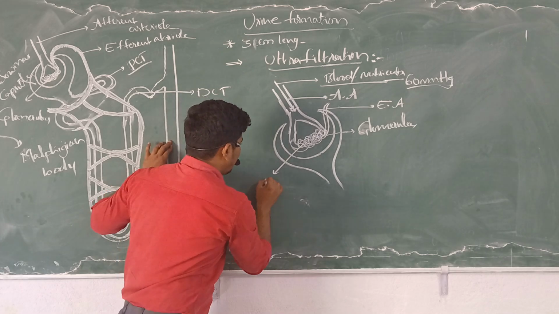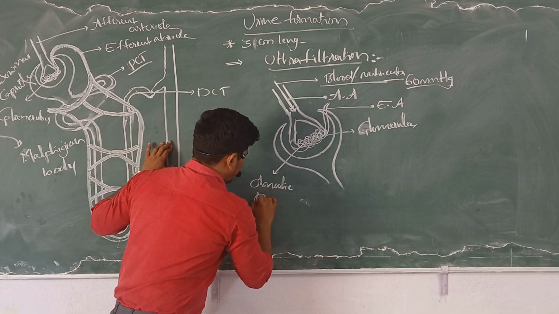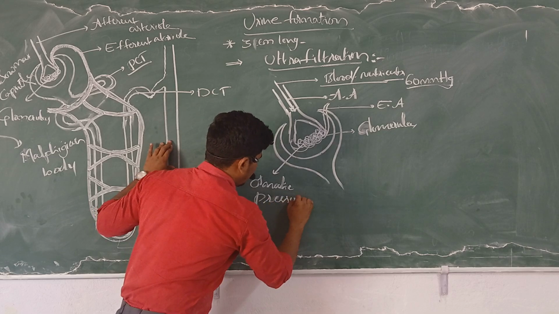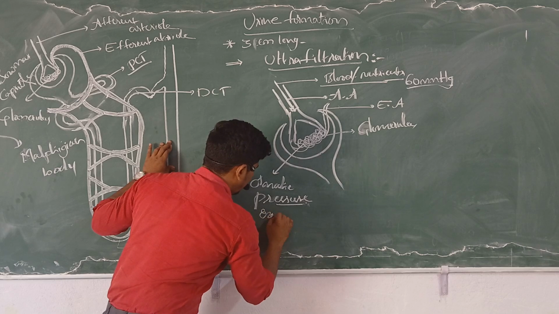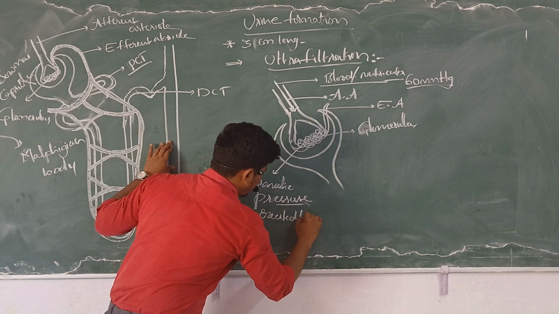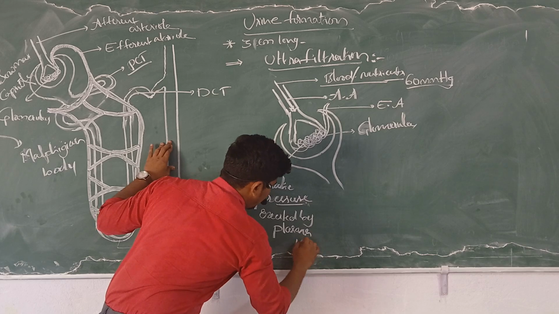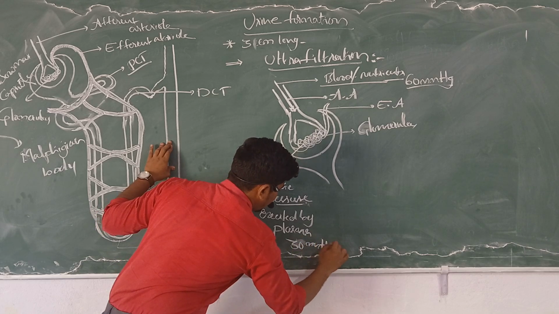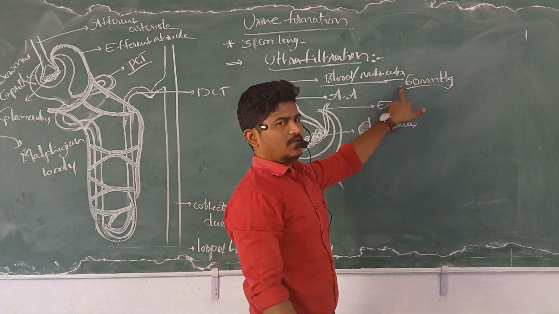That's why it maintains some osmotic pressure. This osmotic pressure is exerted by plasma. It is 30 mm Hg, and here it is 60 mm Hg.